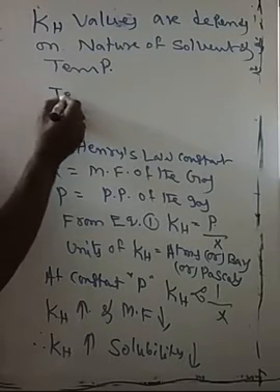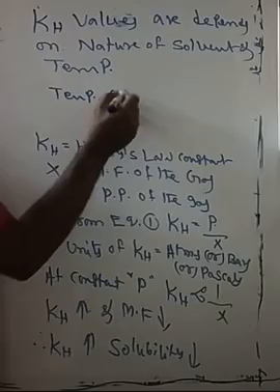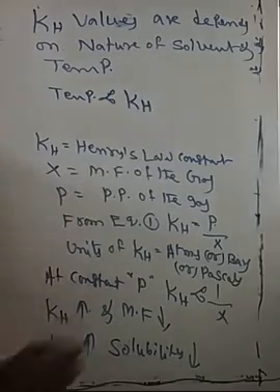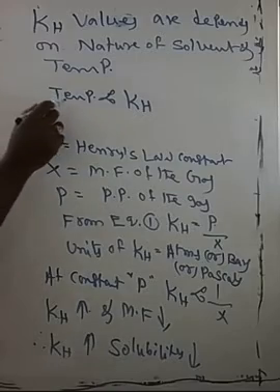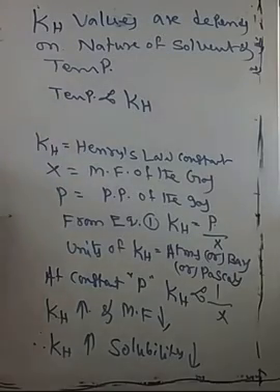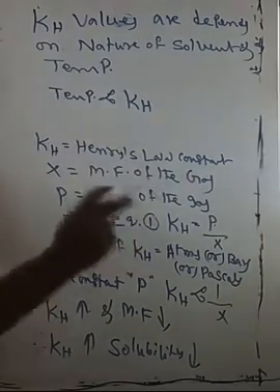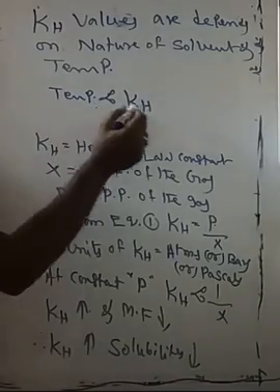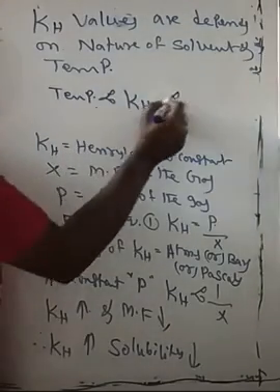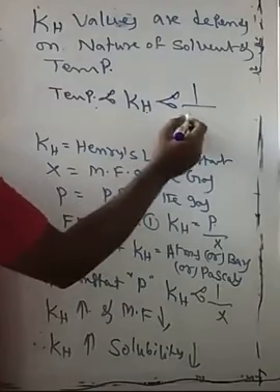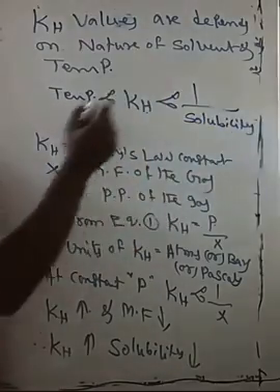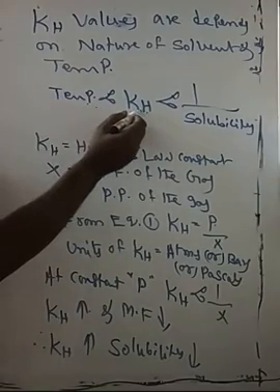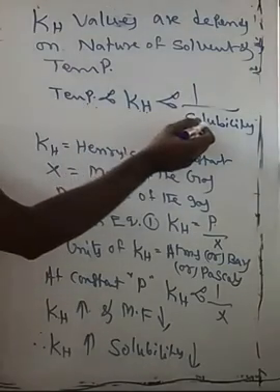Whereas as temperature increases, KH values also increase. Earlier, you know, the effect of temperature on solubility: temperature increases, solubility decreases. Temperature increases, KH values increase, but KH and solubility are inversely proportional. So temperature is directly proportional to KH, but KH is inversely proportional to solubility.